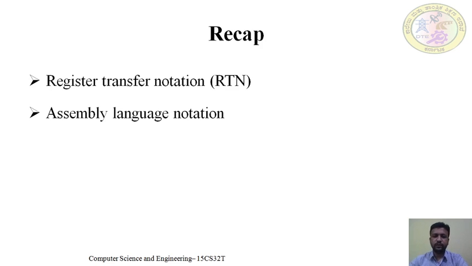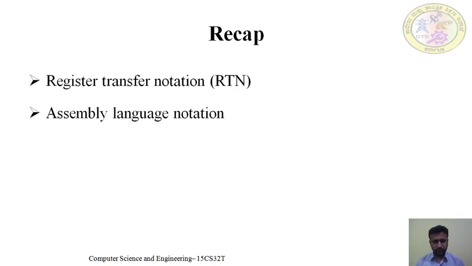In the previous session, we discussed the following contents: register transfer notation, that is, the transfer of information in a computer from one location to another location, represented by using a register transfer notation.